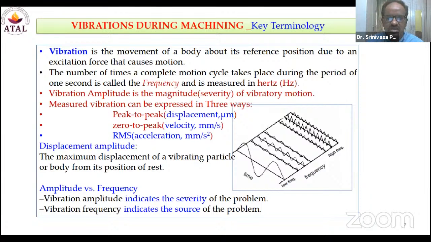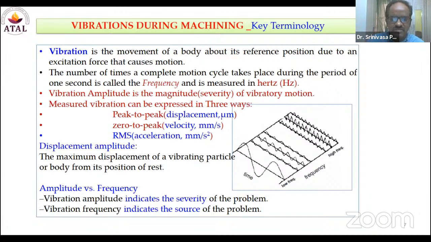But still, that is not sufficient to go ahead. You need to quantify the vibration signal. Identifying the presence of vibration is different, and quantifying the vibration is different. You can express the amount of vibration in 3 ways: velocity, acceleration, and displacement.